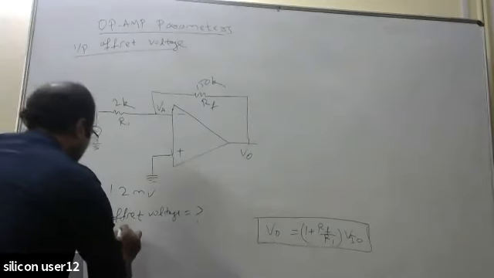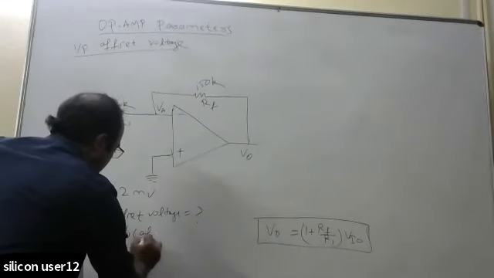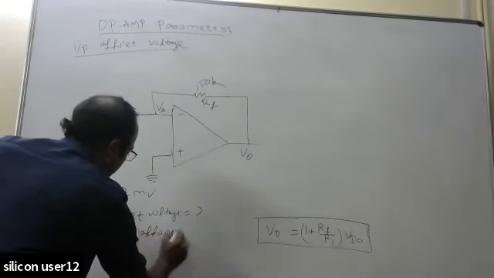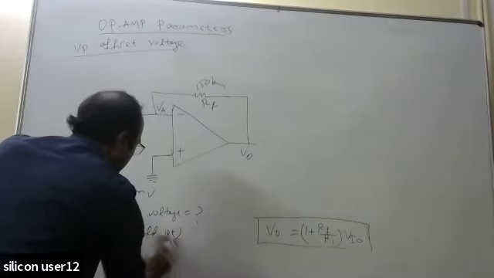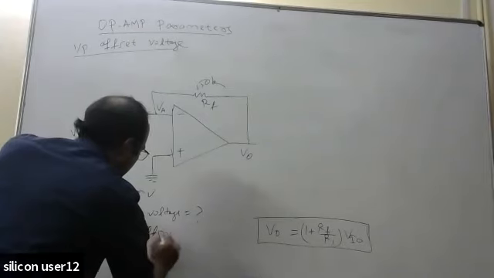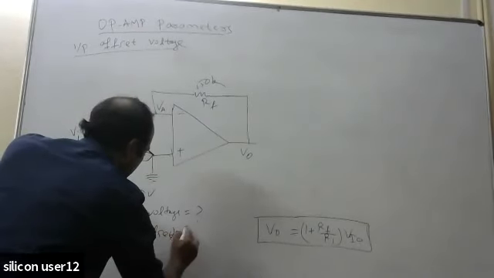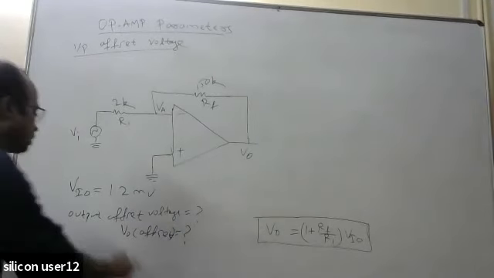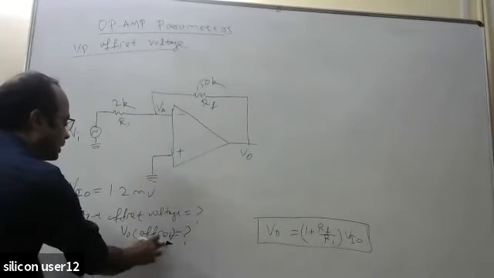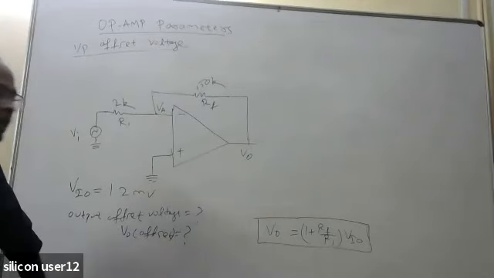In short it is also written as V0 due to offset. V0 offset equals how much?